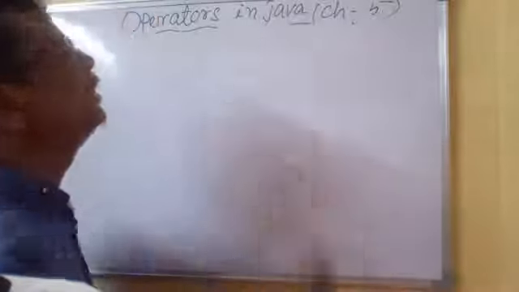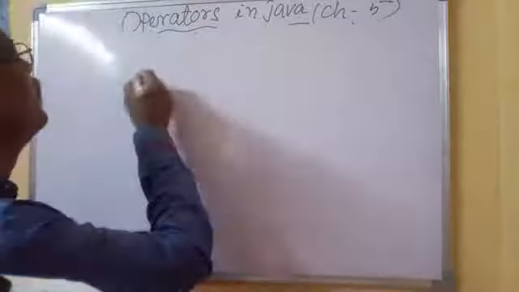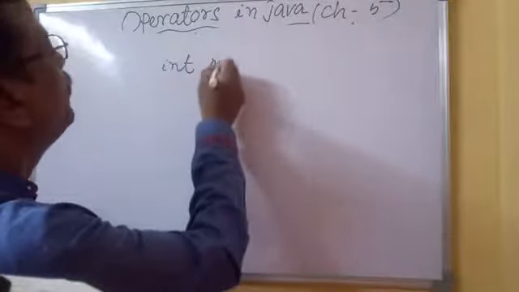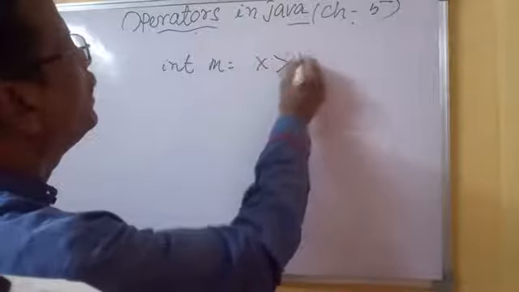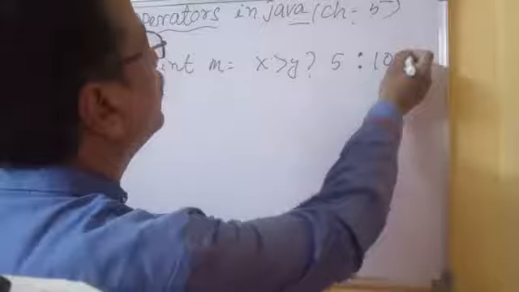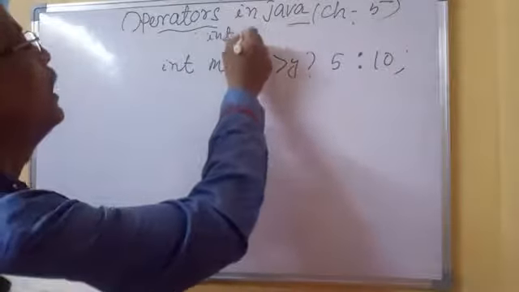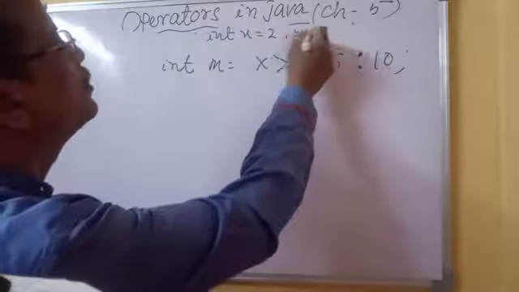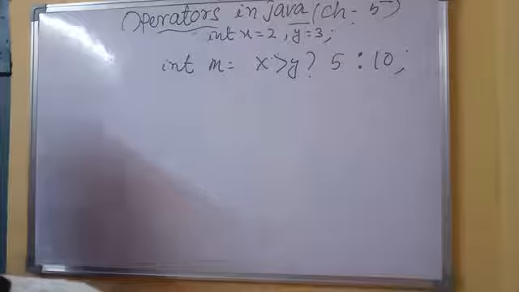Now we'll see an example of how to write it. First of all you write: int m = x > y ? 5 : 10.